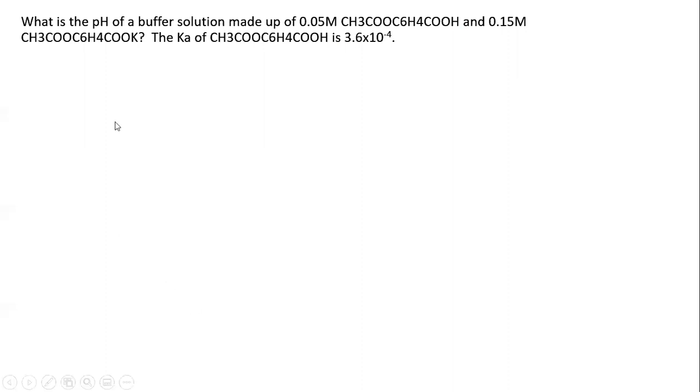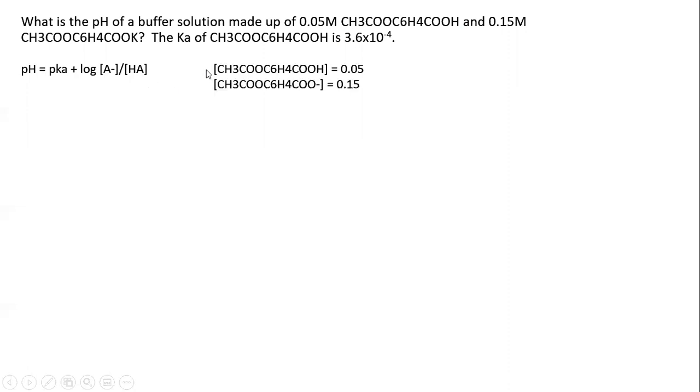So again, with buffer solutions, we're going to be using something called the Henderson-Hasselbalch equation, where the pH is equal to the pKa of the weak acid plus the log of its conjugate base concentration over its conjugate acid concentration. From this problem, we know the concentration of conjugate acid is 0.05.